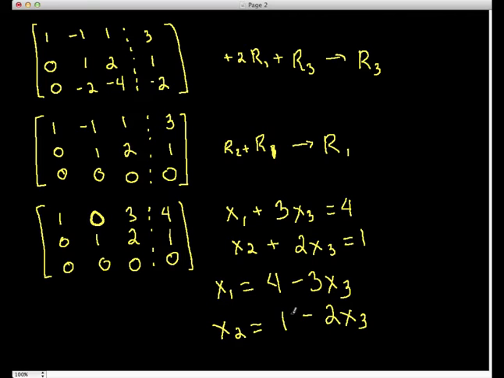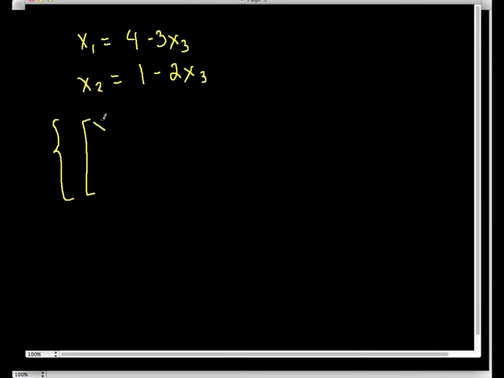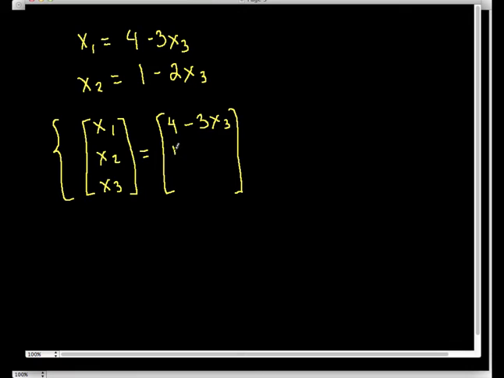So let's go see how that is on a new page. Let me write those equations again because we're going to need them. x1 was equal to 4 minus 3x3. x2 was equal to 1 minus 2x3. x3 is itself, so the solution is going to be all the vectors that are of this form: x1, x2, x3, where x1 is given by this equation, 4 minus 3x3. x2 is 1 minus 2x3.